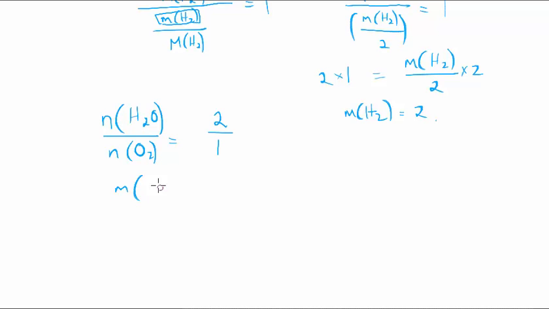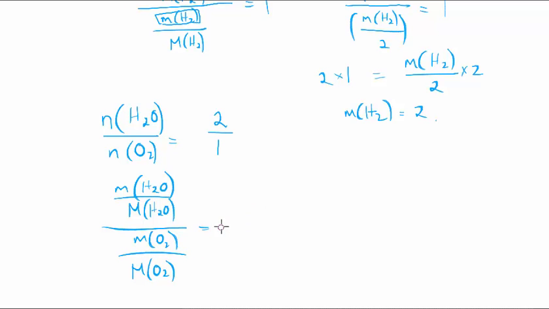So the mass of water divided by the molecular mass of water, divided by the mass of oxygen and the molecular mass of oxygen, the answer must equal 2. And so now I substitute, I get 18 over 18.